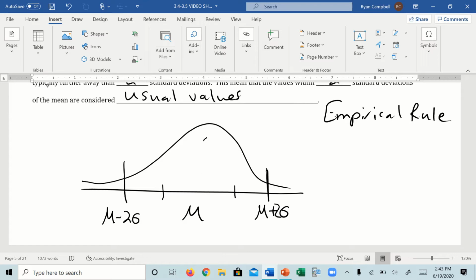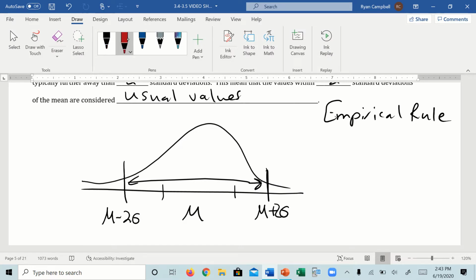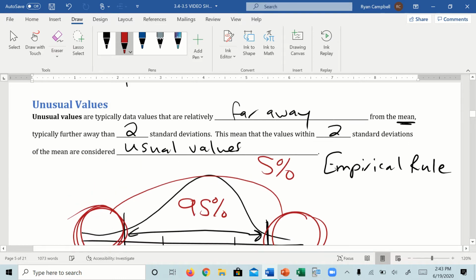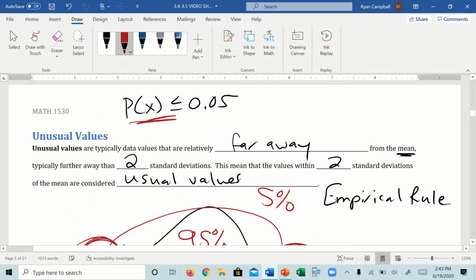Do you remember what percentage of data is within 2 standard deviations of a normal distribution? It's 95%, which means that the outside is going to be a total of 5%. And if you remember, we talked about the probability of something occurring being less than 5%. That's where that's coming from.